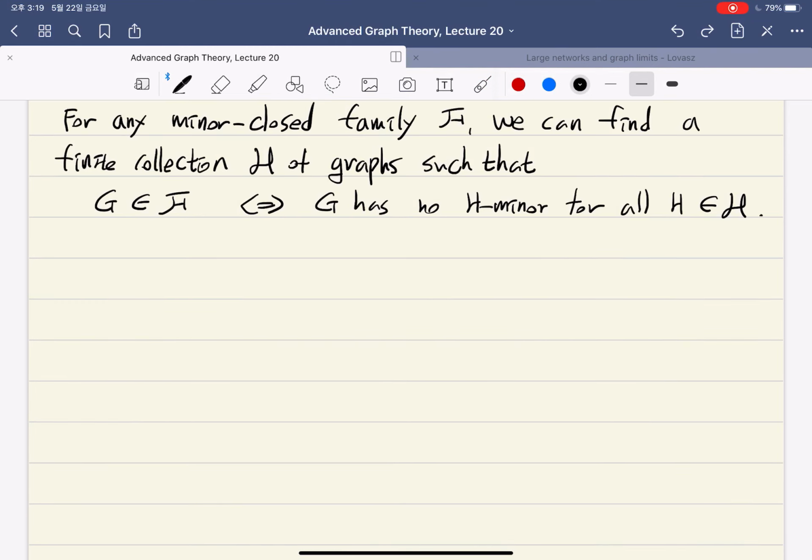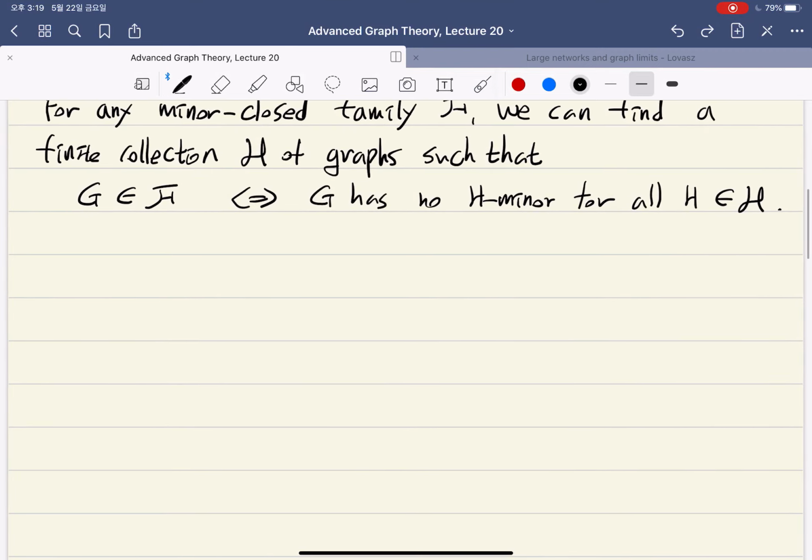And indeed, one can test this in polynomial time.